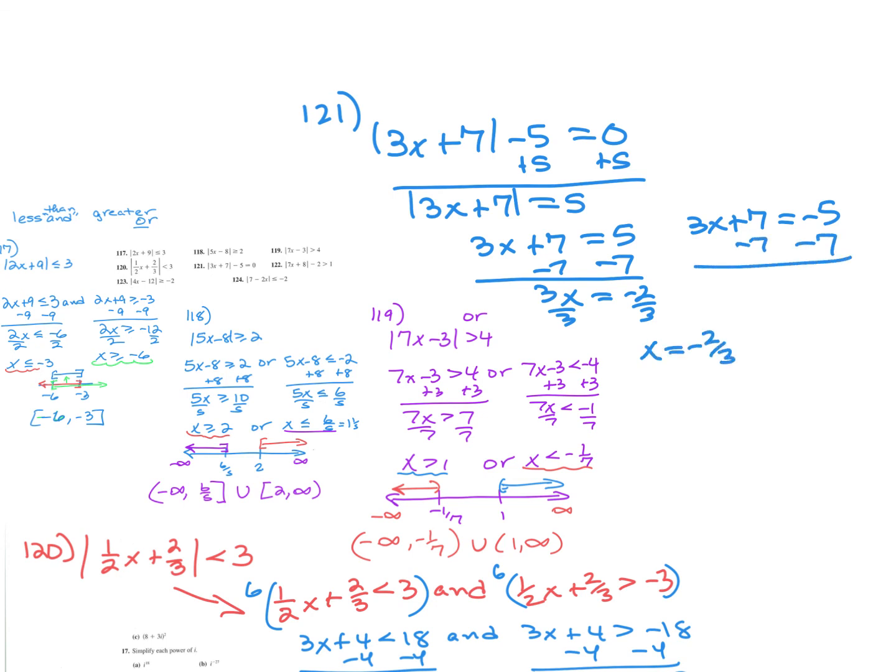Over here, subtract 7, divide by 3, and x = -4. So the two answers are -2/3 and -4.